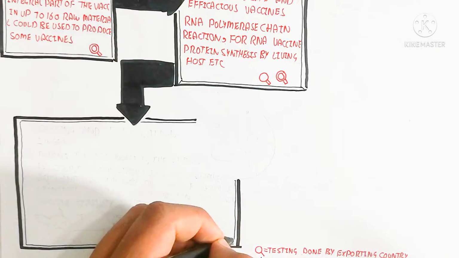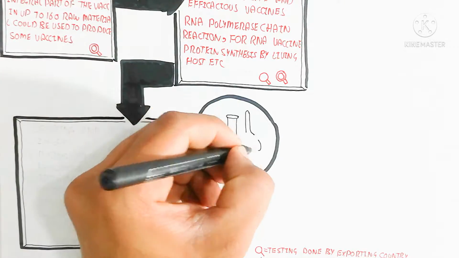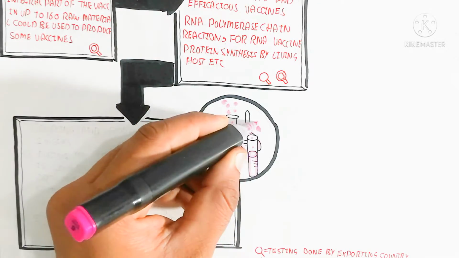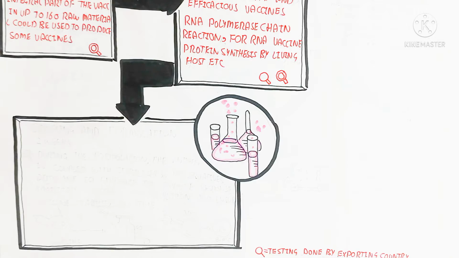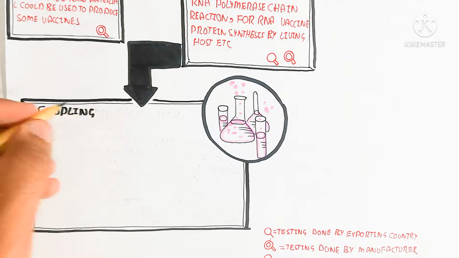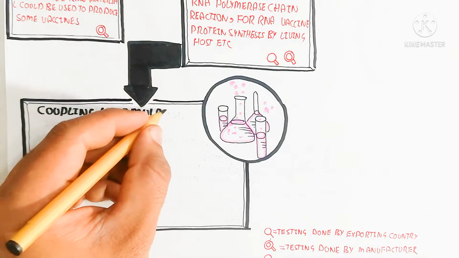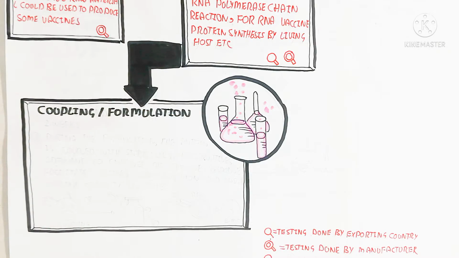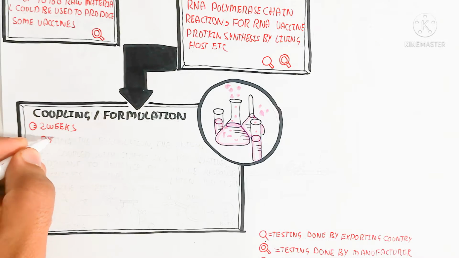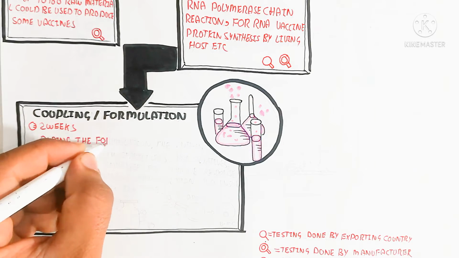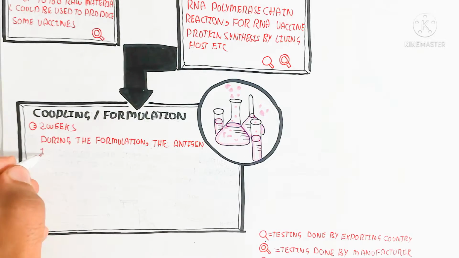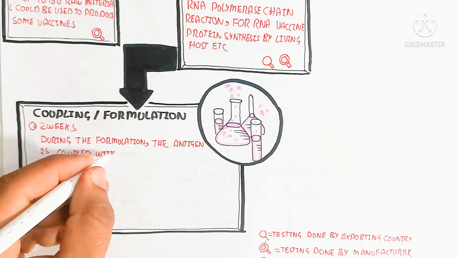It can be done with testing by the exporting country, when a country exports from the industry, and testing by the importing country. So remember that. After completing this step, the coupling formulation occurs within 2 weeks.